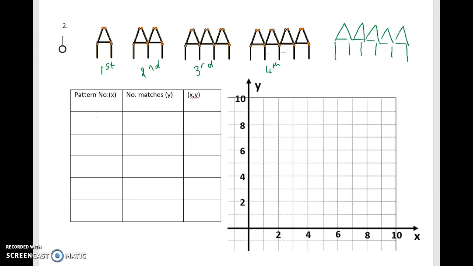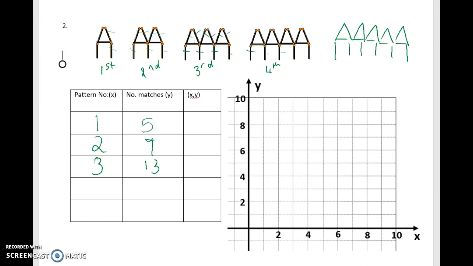So for pattern number 1, I've got 1, 2, 3, 4, 5 matches. For pattern number 2, I've got 1, 2, 3, 4, 5, 6, 7, 8, 9 matches. For pattern number 3, I've got 13 matches.